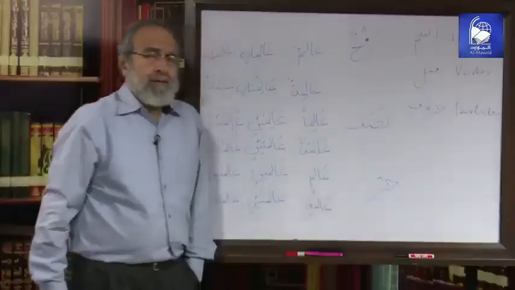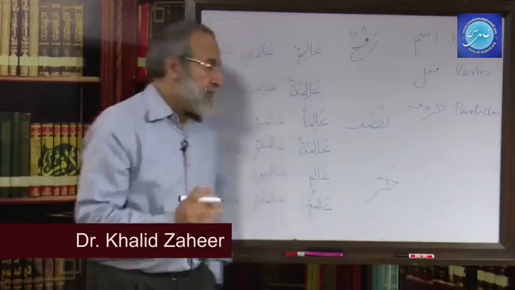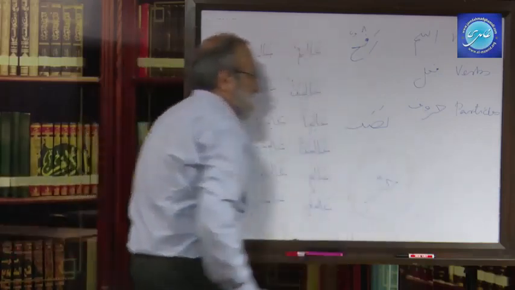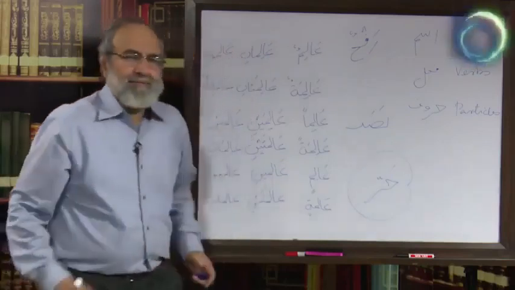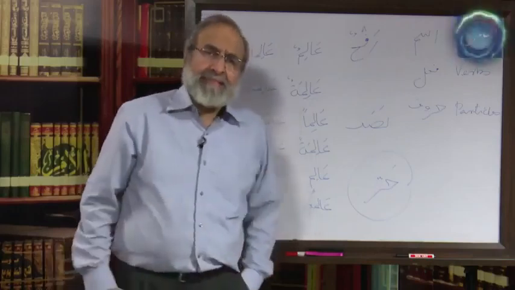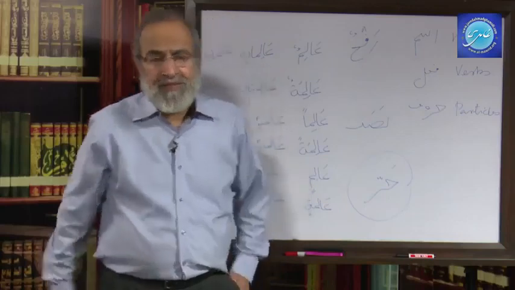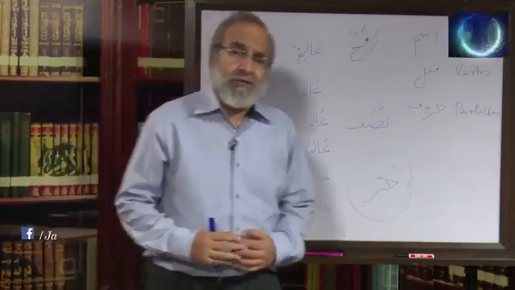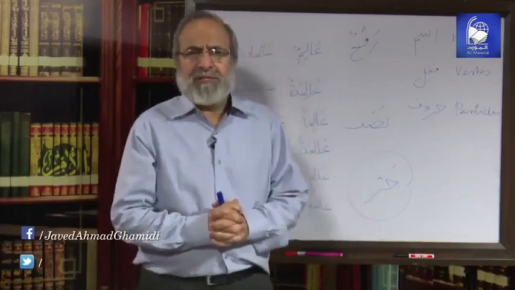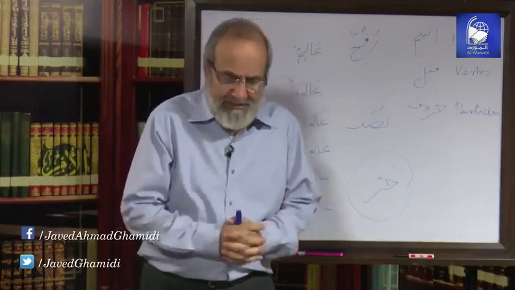Now, today I would talk about one important possibility of why a noun appears in an Arabic sentence in the I'rab of Jar, the genitive case. Now, you might well ask, why not Nasab, which is the right sequence if we move towards describing the possibilities of I'rab? Well, the reason is just practical.